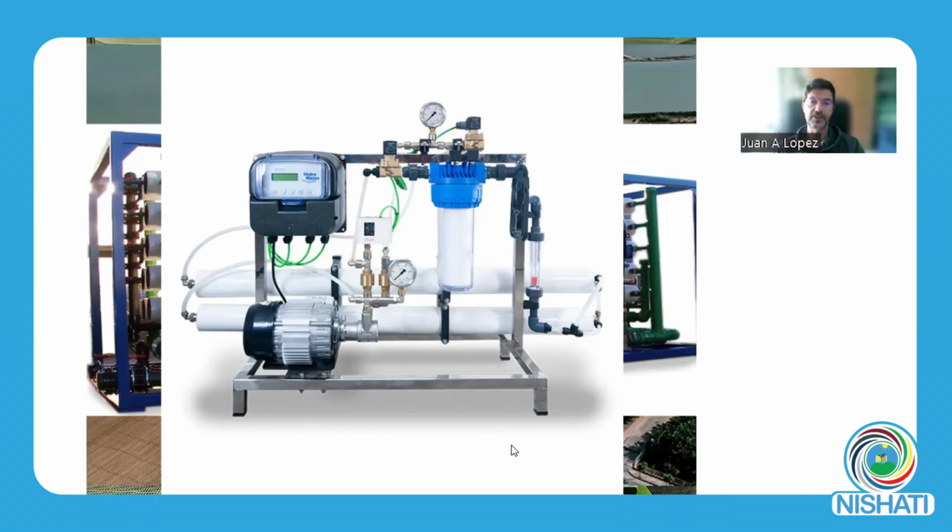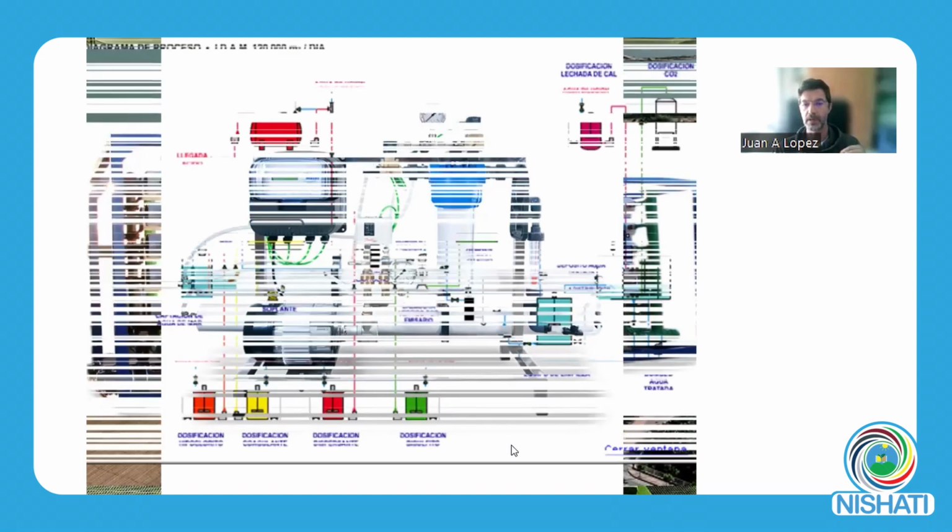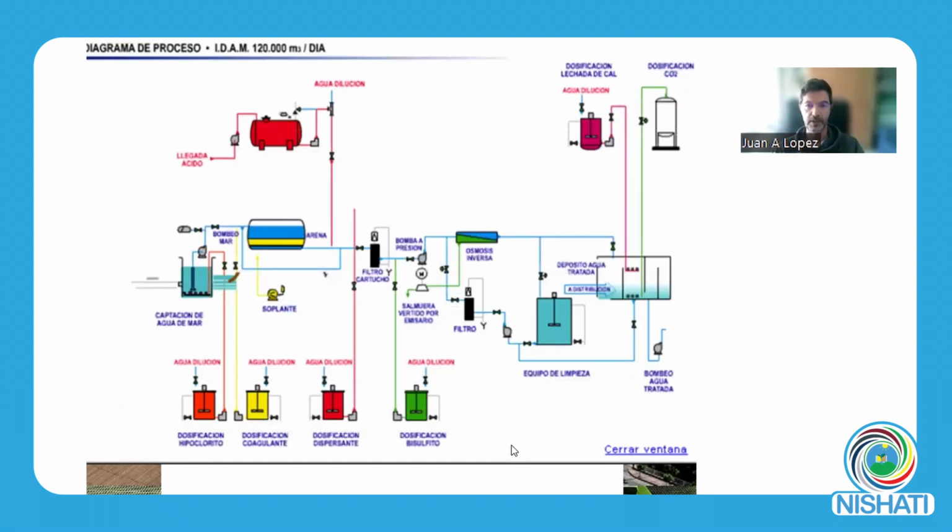So reverse osmosis and nanofiltration are very powerful technologies because they are very easy to scale up, from very small systems to very big and huge systems. So it's a very interesting technology.